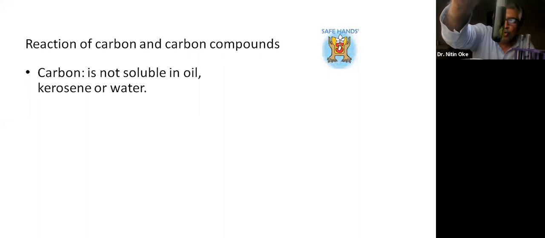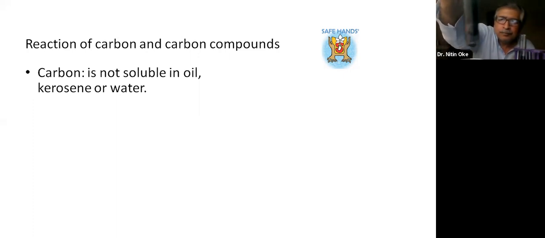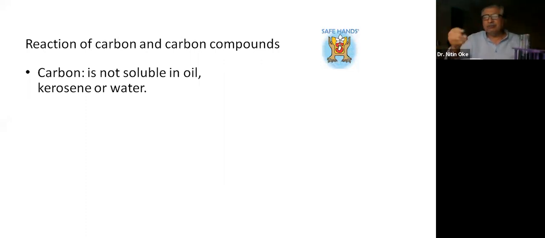So it is not soluble. It is spreading. So again over here it is spreading, and if I keep this for some amount of time, it will settle and the clear structure will be seen.